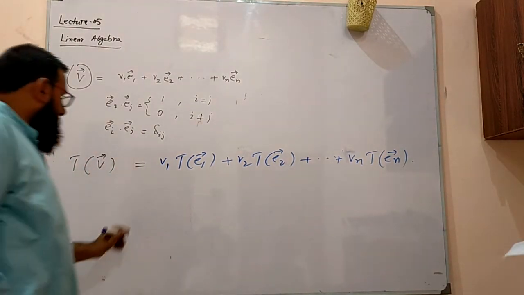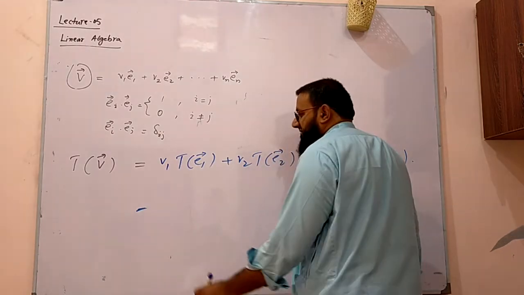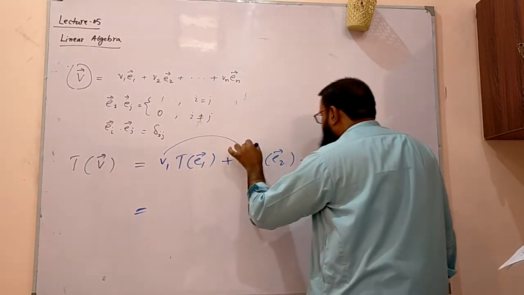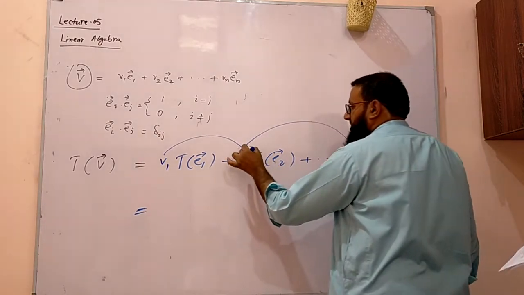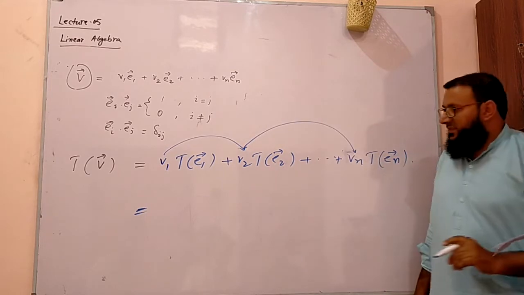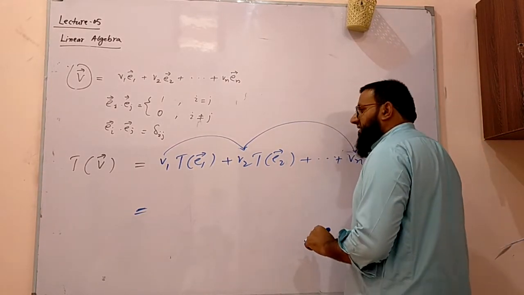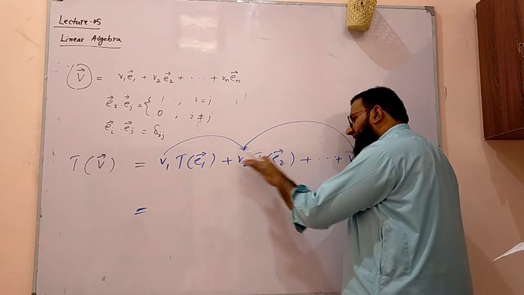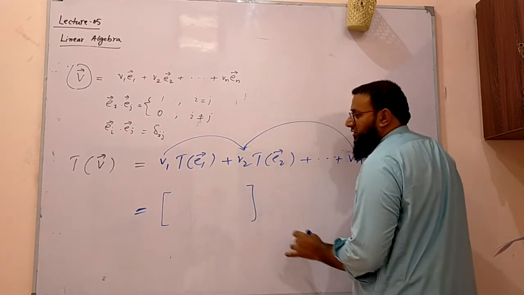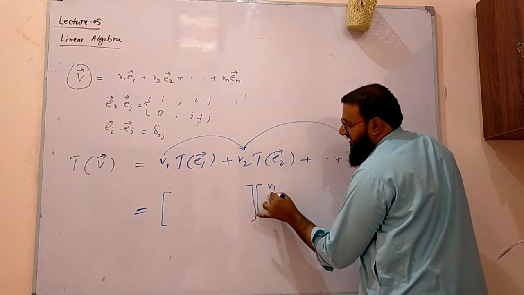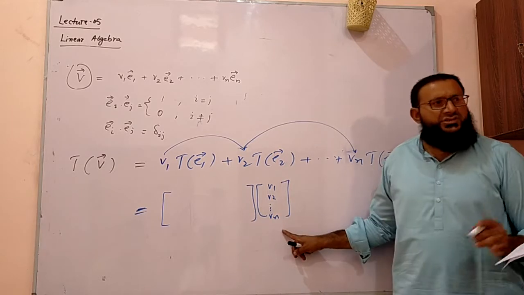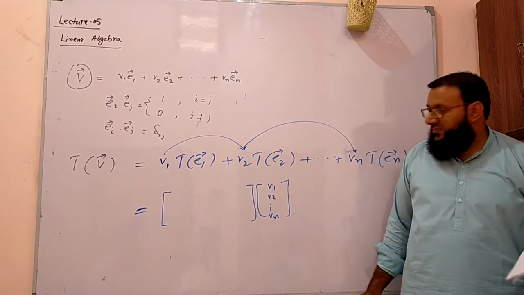Okay. Now, can I write this thing in this way? What are v1, v2 up to vn? They are components of your vector v. It means you can say that this linear combination is same as multiplying a matrix with this column matrix v1, v2 up to vn. What is this? This is a vector, but in column form.